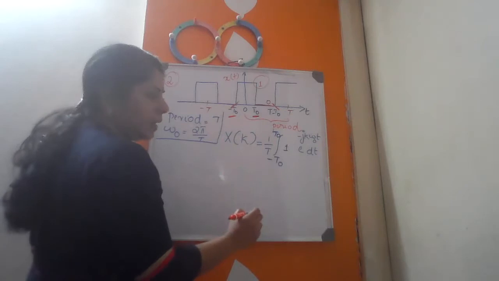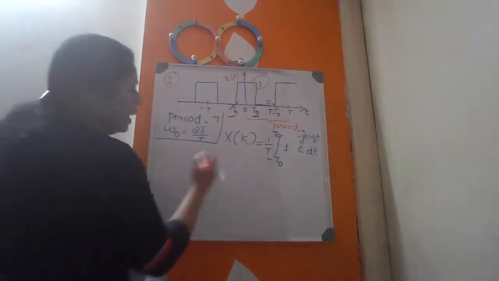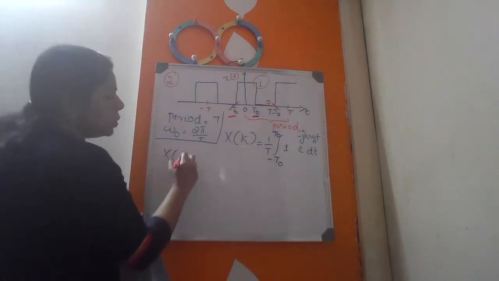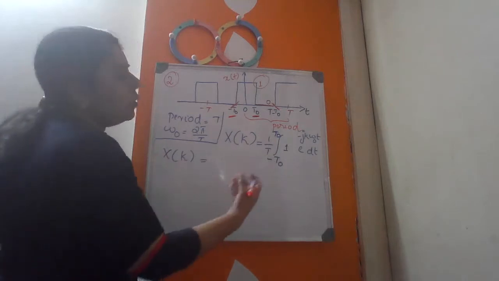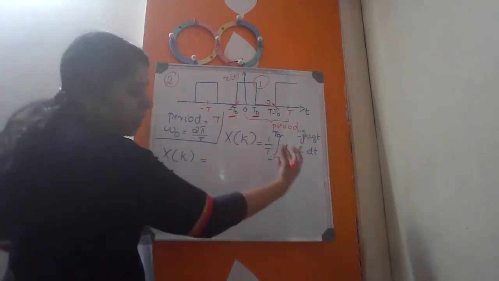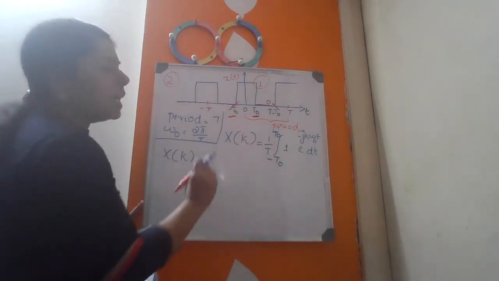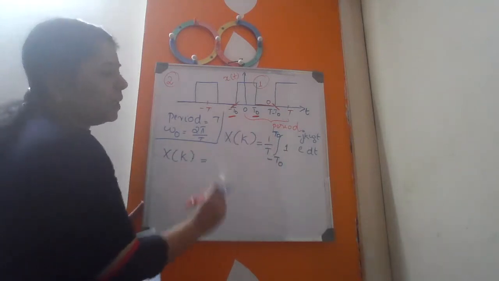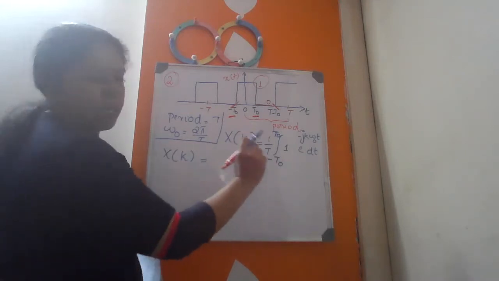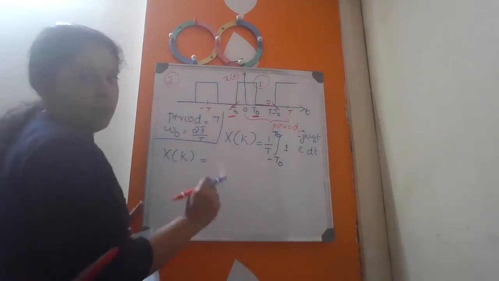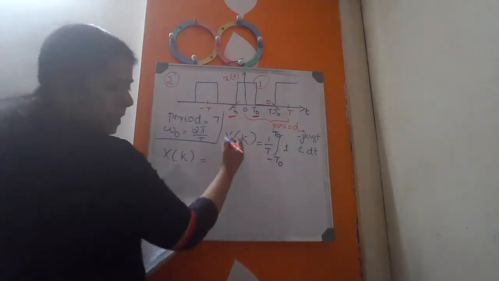To integrate it, apply the upper limit and lower limit, and I'm going to write the final answer in terms of sine. So after integrating and substituting the upper limit and lower limit, rearrange your equation in such a way that you get a sine k omega naught t naught term. Okay, so how can I rearrange like that? I'm writing this final answer.